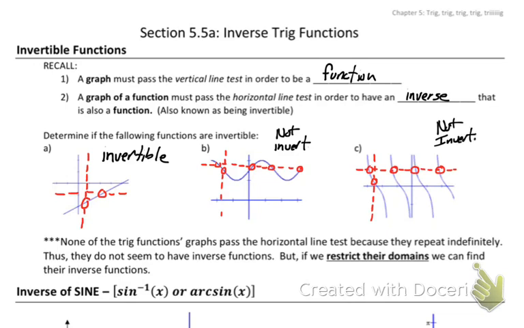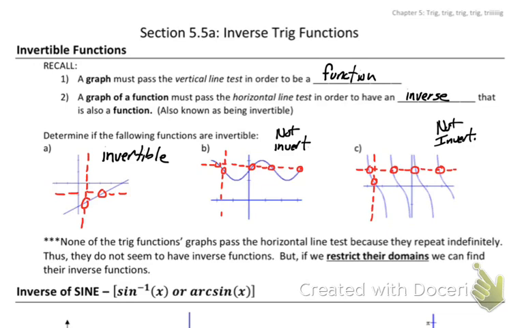And you're probably thinking, why is that important at all? Well, here's where the huge problem comes in. We're talking about inverses. According to the horizontal line test, sine, cosine, tangent, cotangent, cosecant, secant, they all don't have inverses because their inverse is not a function. In order for us to use it, it has to be a function, so I can plug something in and get a number out.